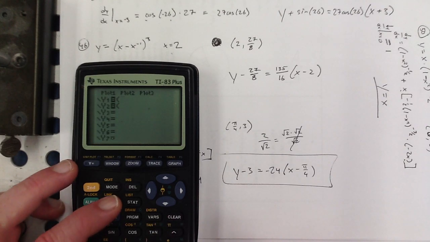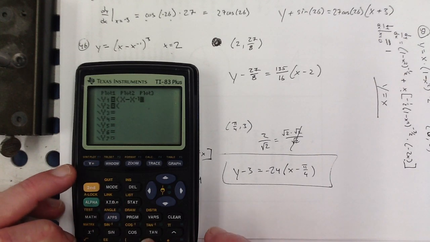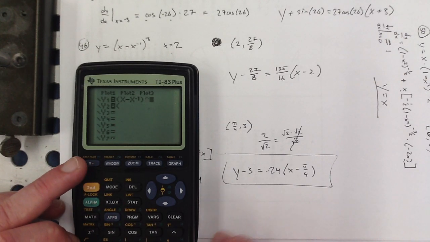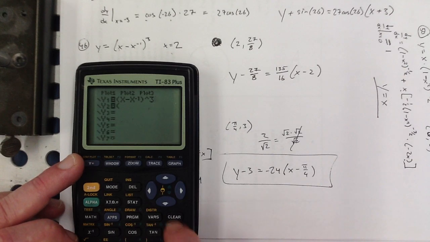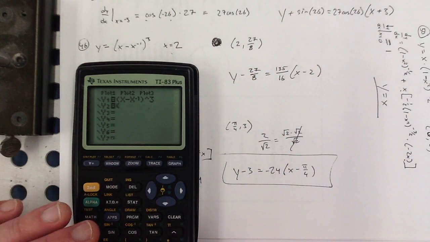X minus x to the negative 1 cubed. And I'm also going to put in the tangent line. Of course, this is y equals, so I'm just going to have to add that over there. No biggie.